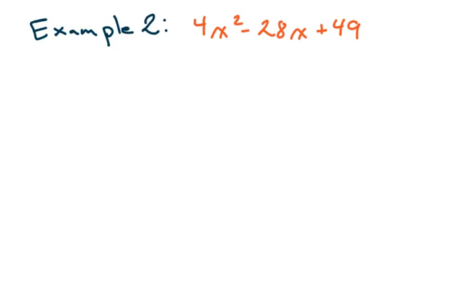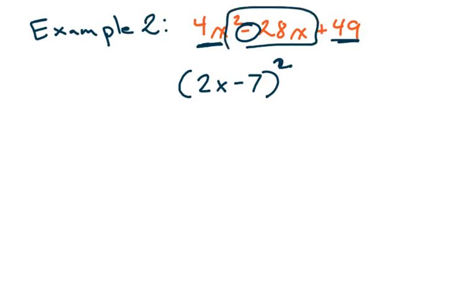Okay, so I'm seeing that I have a 4, well, that's a perfect square, and I have a 49, that's also a perfect square. So maybe, just maybe, this is 2x minus 7 squared. I have to just look at this really quick to see.